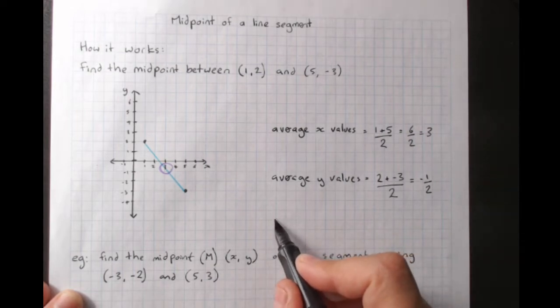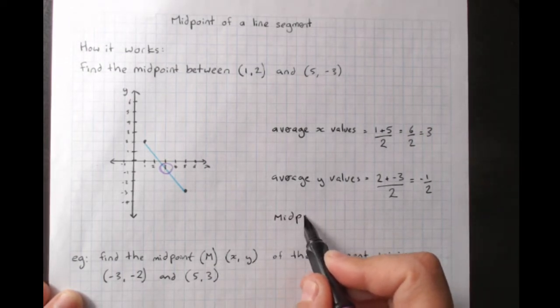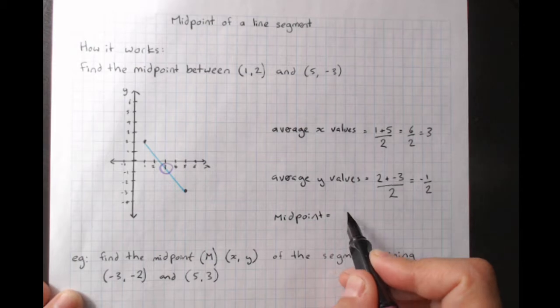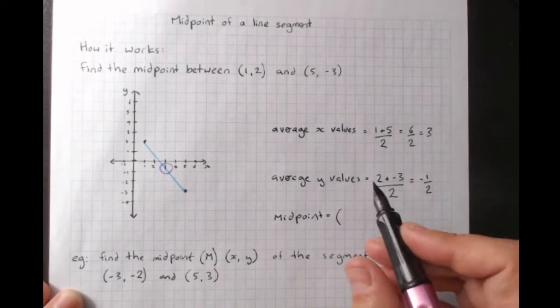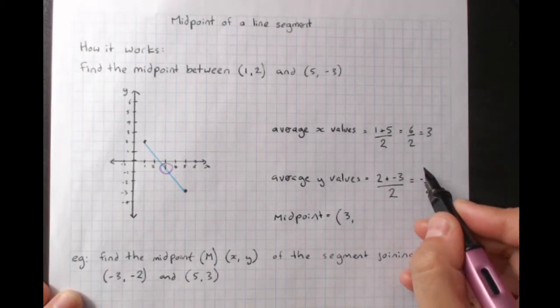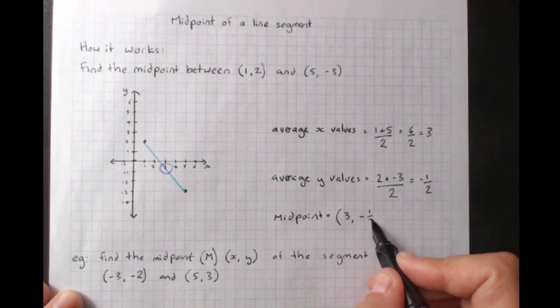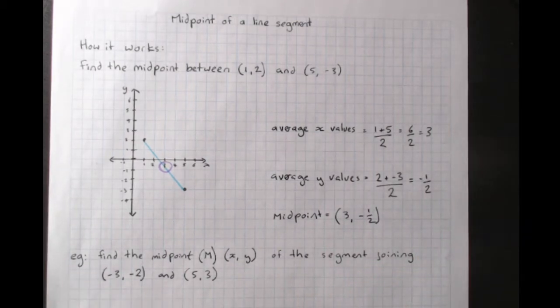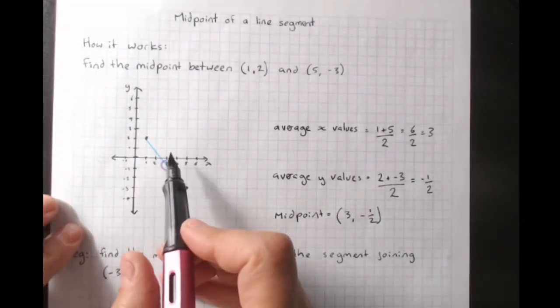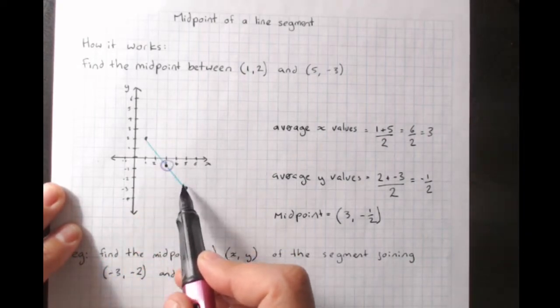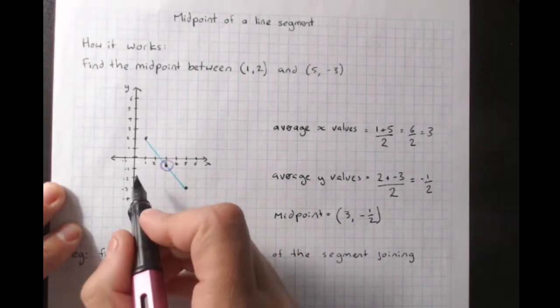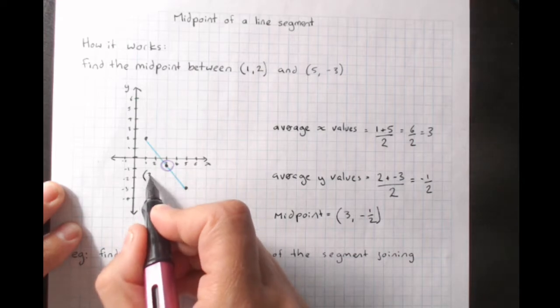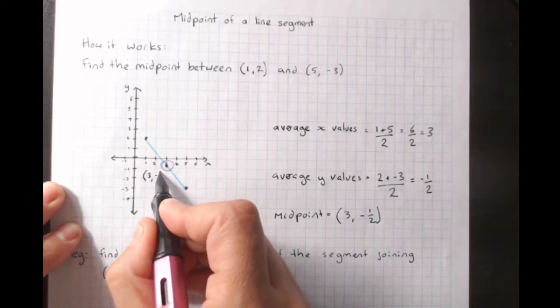So the coordinates of the midpoint, this is the x value, and this is the y value. And you can see that a point right there, directly halfway between the 2, is 3, -1/2.